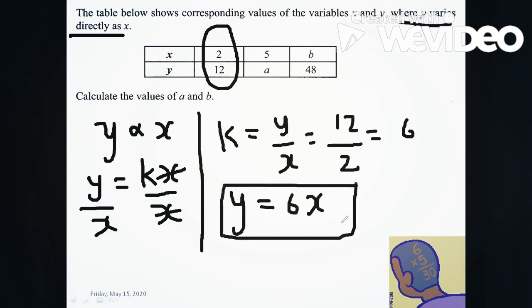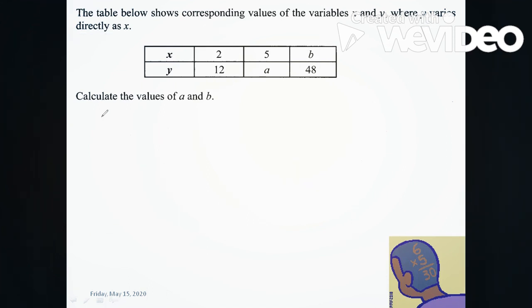All right, and we're going to use this formula to find the value of a and b. So our formula is y equals 6x. In this second column, what is it saying?